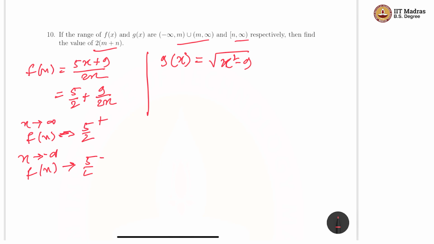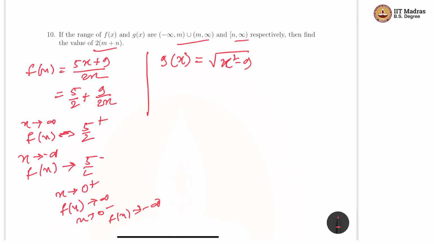Okay, and if x tends to 0 from the positive side, then f(x) will tend to infinity, and if x tends to 0 from the negative side, then f(x) will tend to minus infinity.